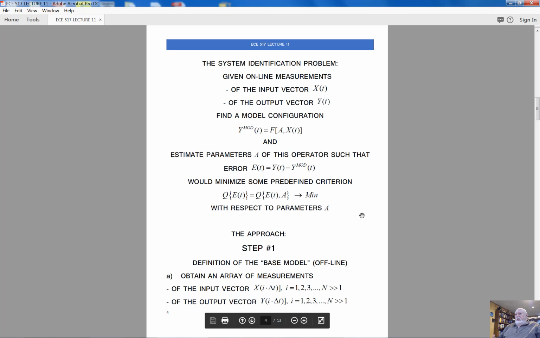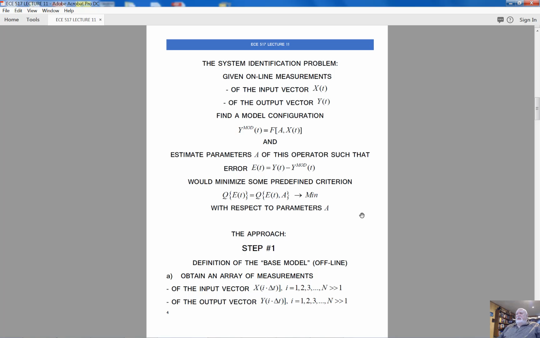Following the way the course is outlined, we will be talking now about the system identification problem. System identification problem is formulated as follows. We do have online measurements of the system input and the system output.